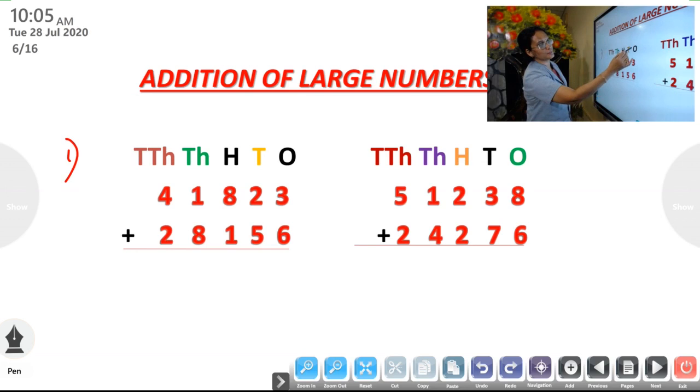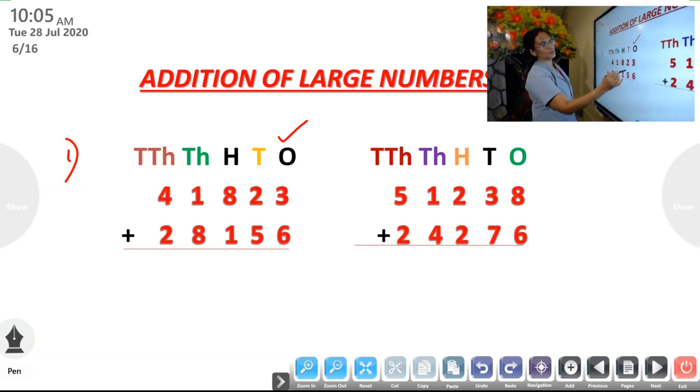See, 3 is in ones place, 2 is in tens place, 8 is in hundreds place, like that. Next number 6 is in ones place. So it is already arranged neatly and vertically. Your only work is simply add. And start addition from which place? From the ones place, from the extreme right side.